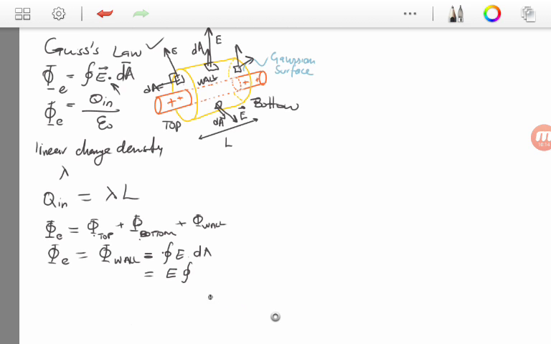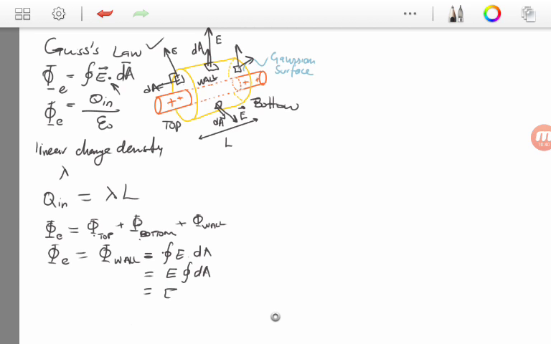By the way, you see that this is an integral, but it has this round symbol, which means that this integral is definite. And then we have dA here. So the dA here is actually the surface area of the cylinder.